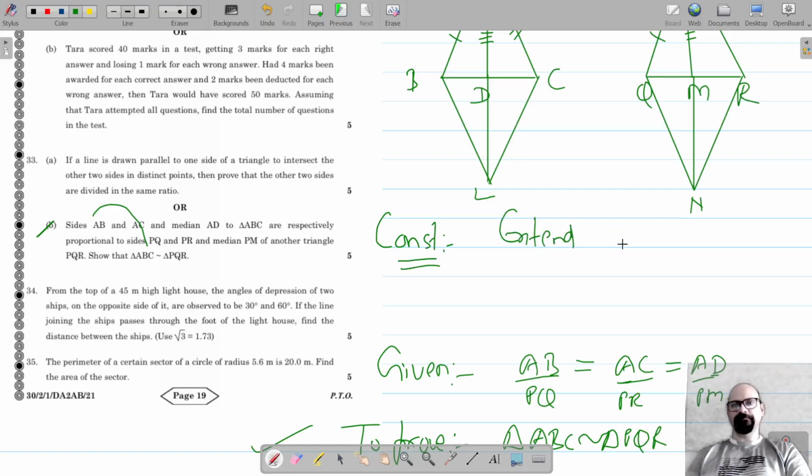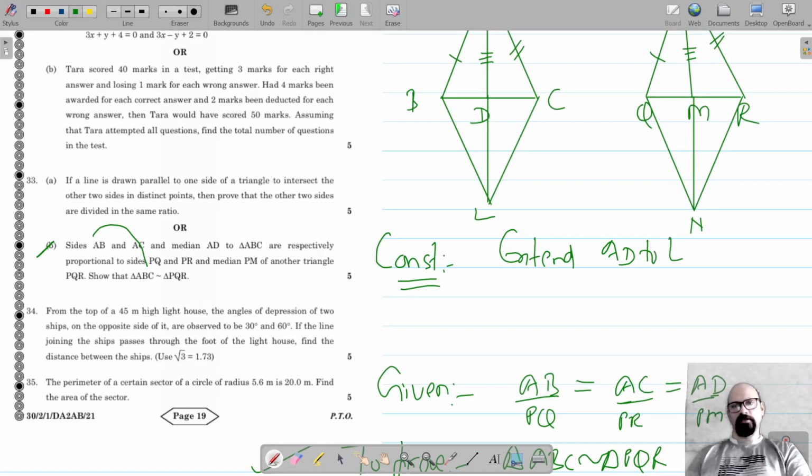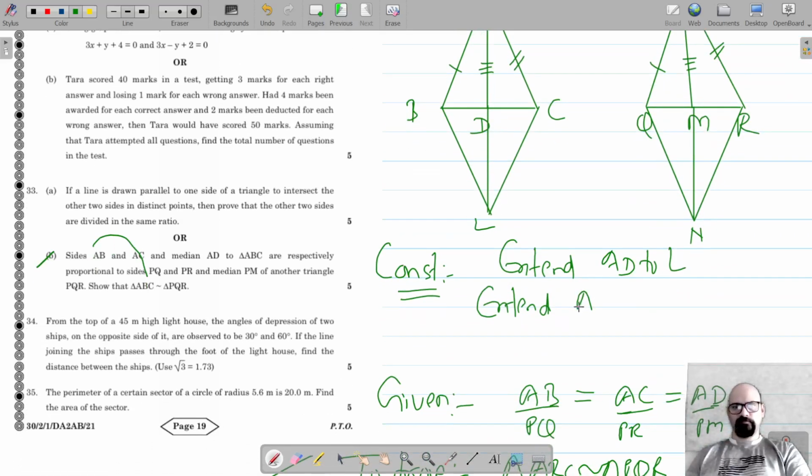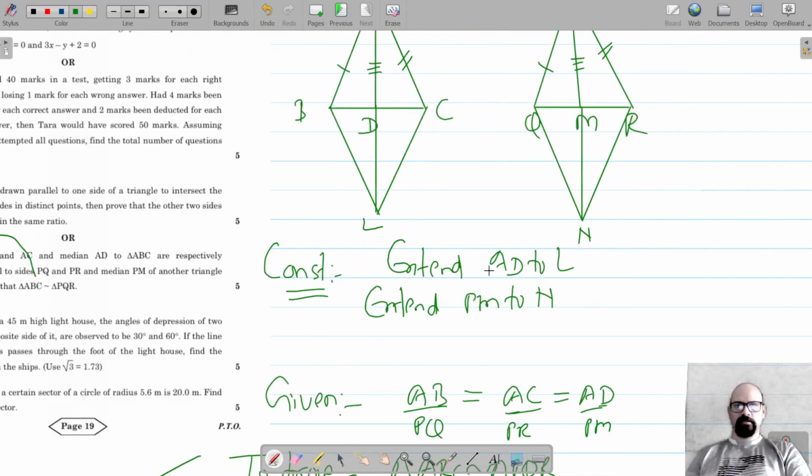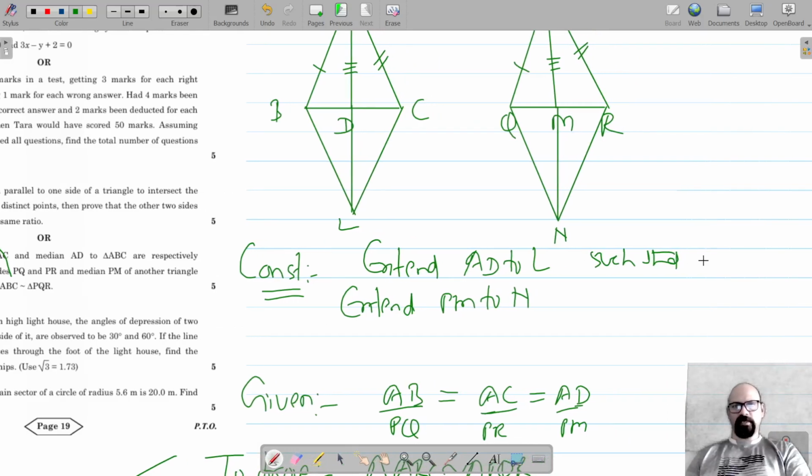So the construction that I have done here is I have extended AD to L, and I have extended PM to N, such that AD is equal to DL, and here such that PM is equal to MN.